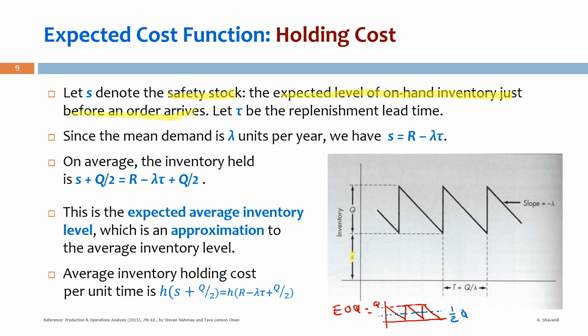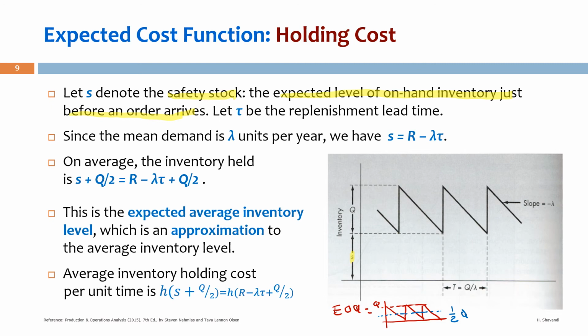So I can say the safety stock is a certain level of inventory that we need to have in our inventory over time in order to deal with the risk of running into a stock out situation during the lead time period.